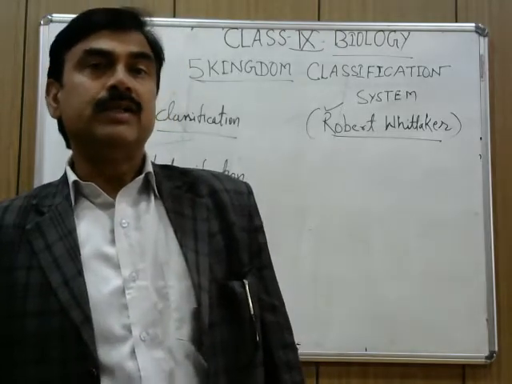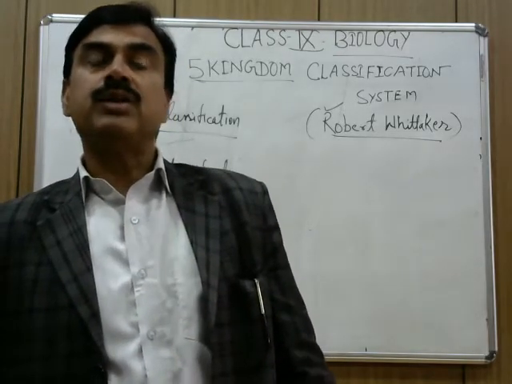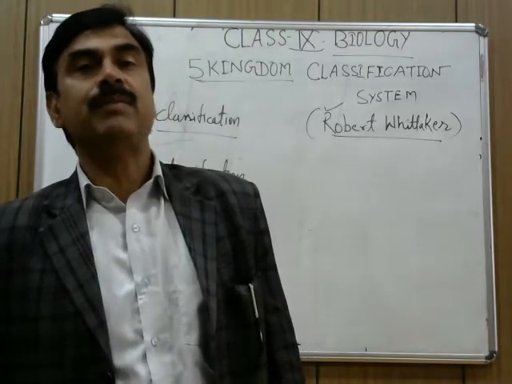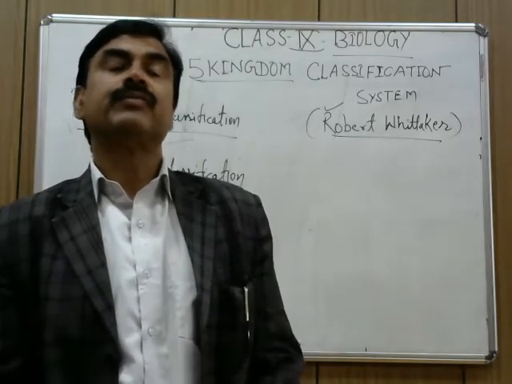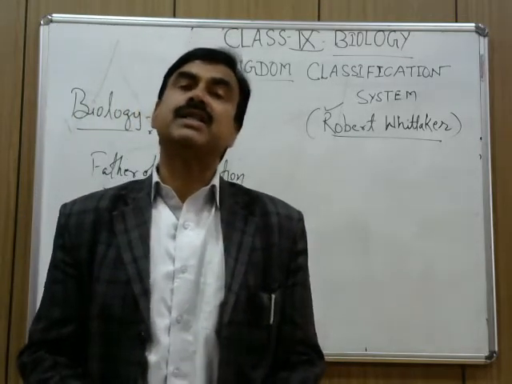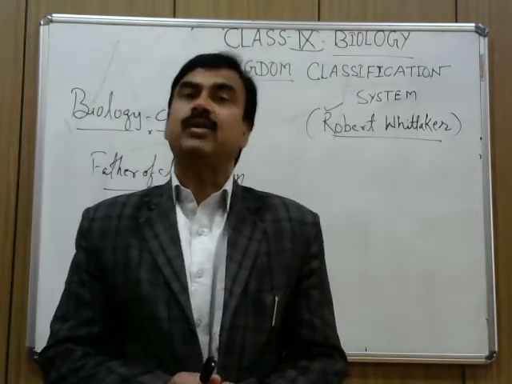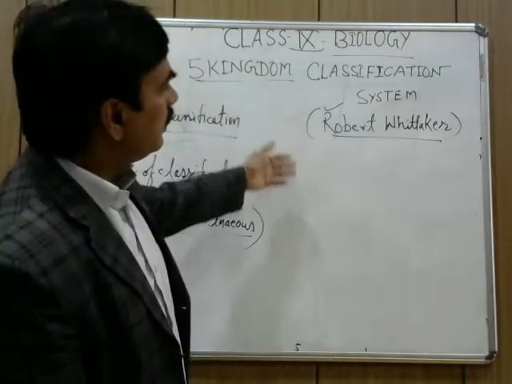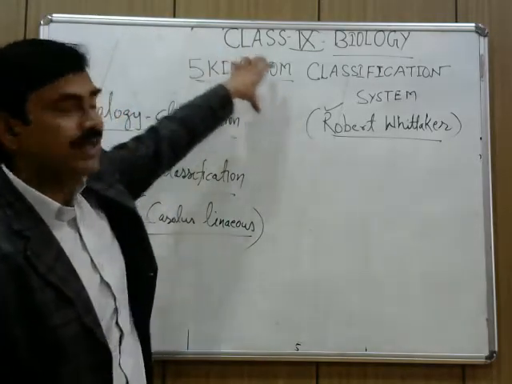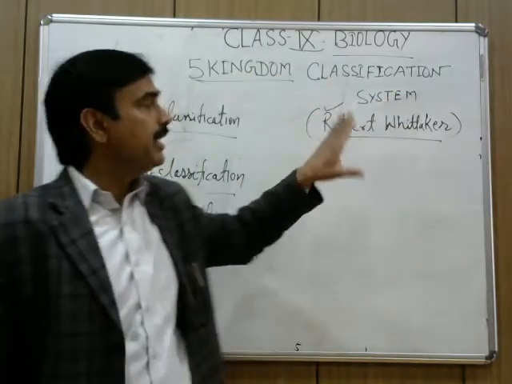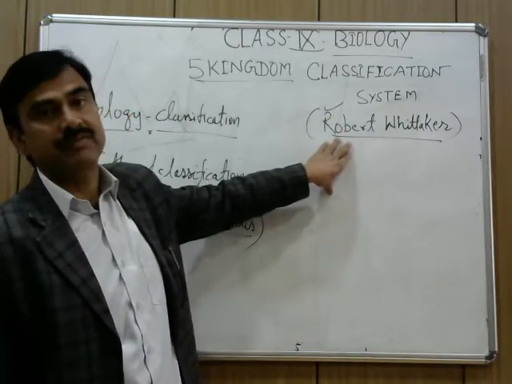So there are two scientists who contributed to classification. The first, the father of classification who started classification, is Carolus Linnaeus, and the second, who gave the five kingdom classification system, is Robert Whittaker.